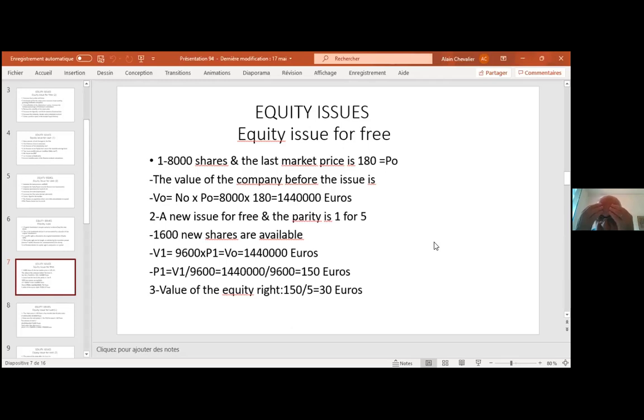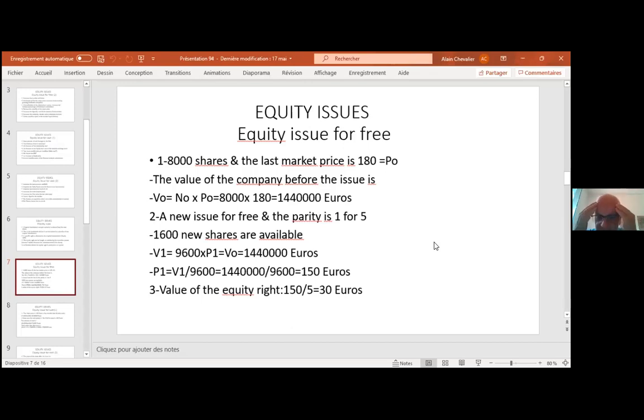So you understand that you can obtain a new share only by bringing 5 equity rights. And as you know, the price of a new share being 150 euros, the value of the equity right, what we call the theoretical value of the equity right, is a proxy, even if we calculate this proxy.